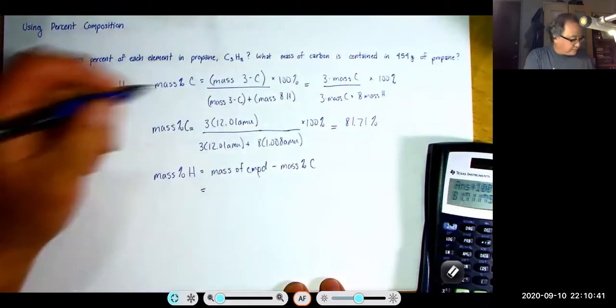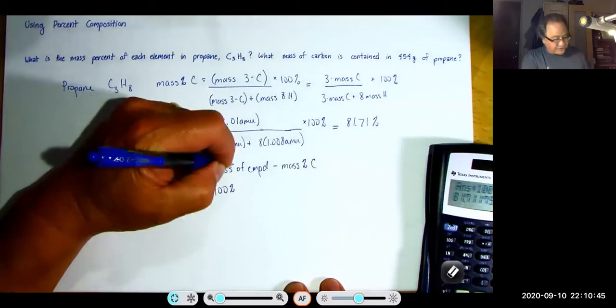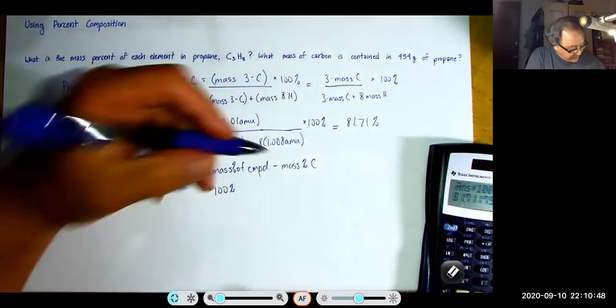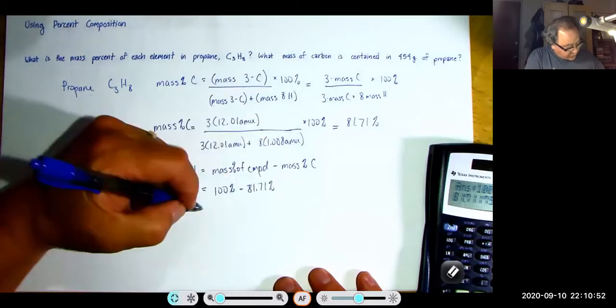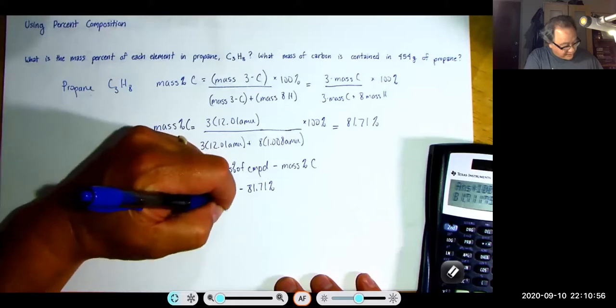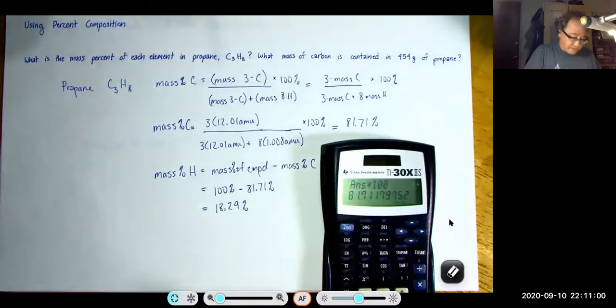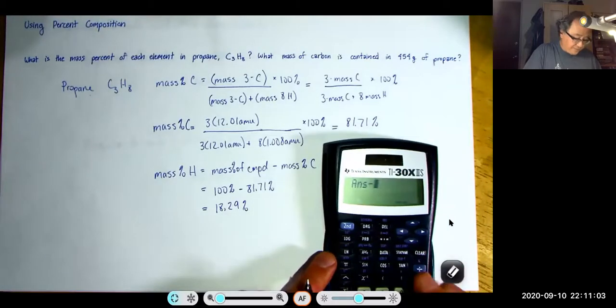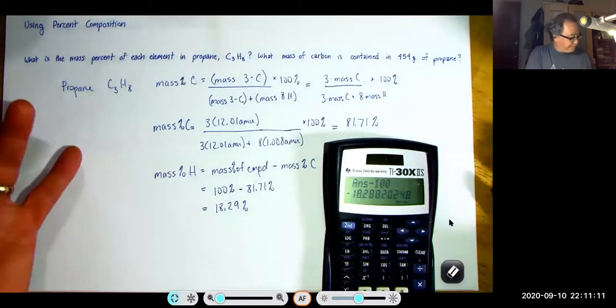So this is going to be 100% because the compound is the whole, minus 81.71%. So we're going to get what? 18.29%, I believe. So I'm going to take my 81.71, subtract 100 from it. Now this comes out as negative 18.29. Of course, the answer is positive.